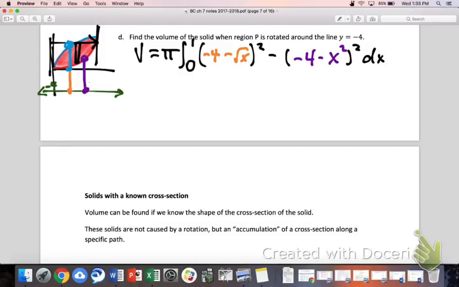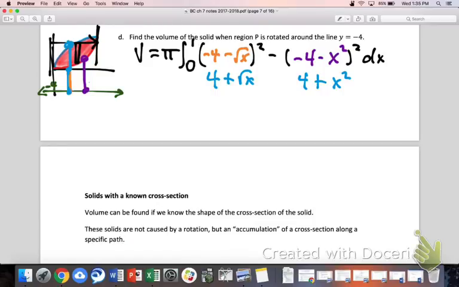And then to get all the way to the axis of rotation, listen carefully, it's a distance of 4, isn't it? So then you could say, well, this is really 4 plus root x. Not -4, but 4 plus root x. That would work out just fine. And then over here, it would be 4 plus x squared, using similar type reasoning. That would work as well.